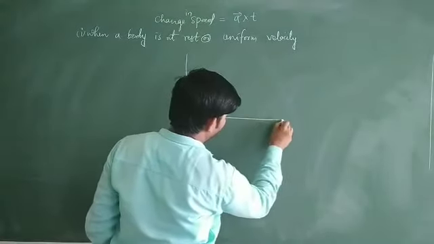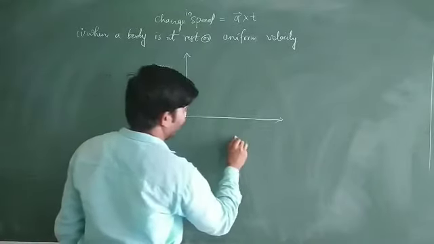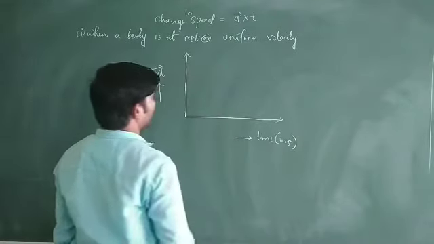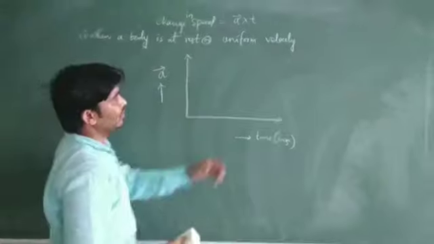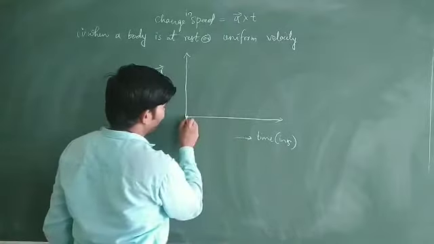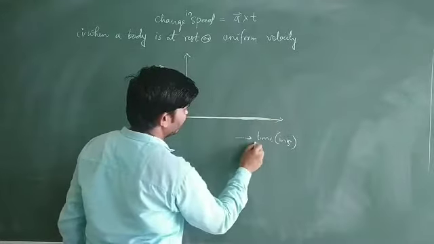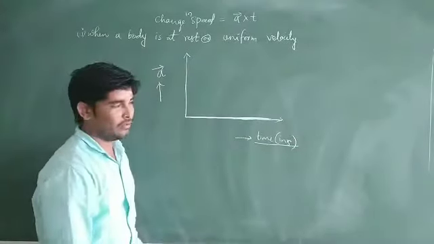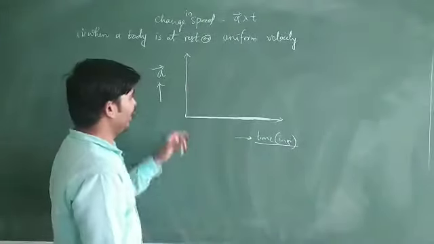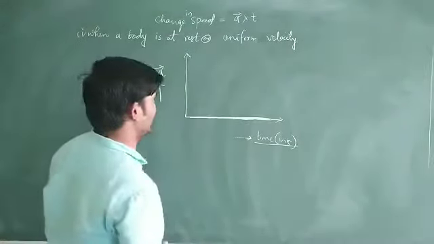So this is an acceleration time graph, with acceleration along the y-axis and time along the x-axis. When a body is at rest or in uniform velocity, the acceleration time graph is a straight line coinciding with the time axis.